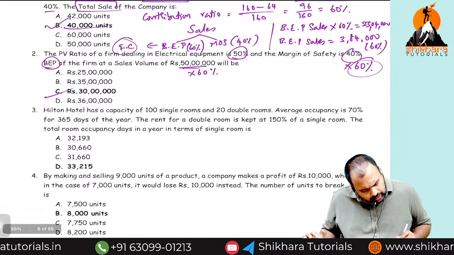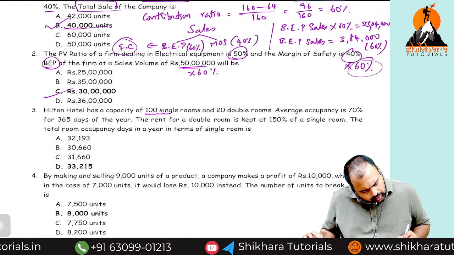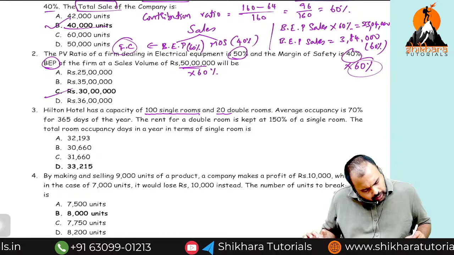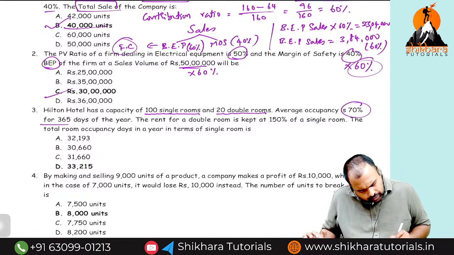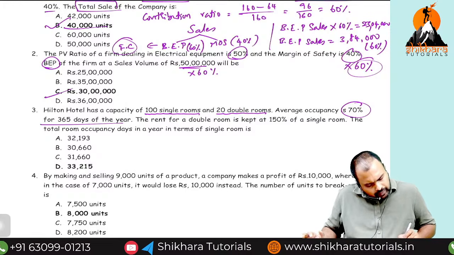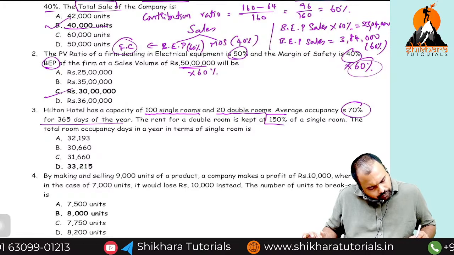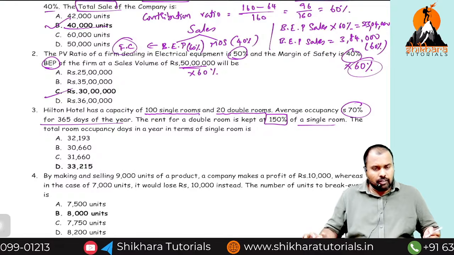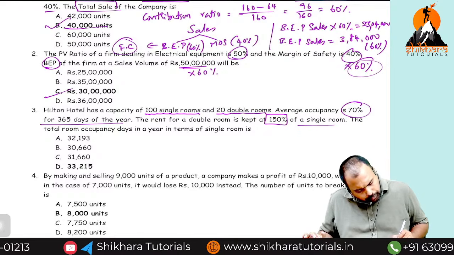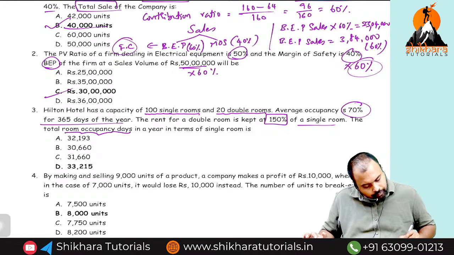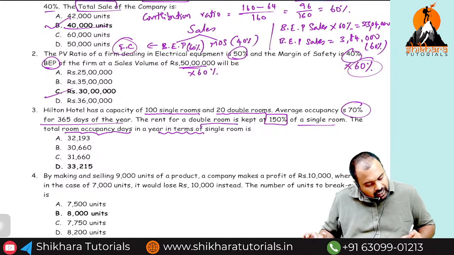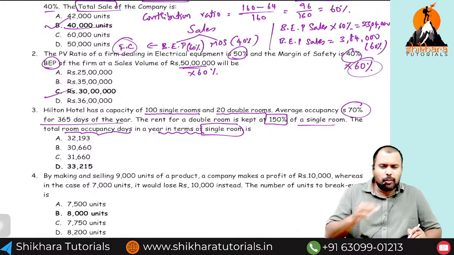Hilton Hotel has a capacity of 100 single rooms and 20 double rooms. Average occupancy is 70% for 365 days a year. Okay. The rent of a double room is 150% of a single room. Then the total room occupancy days in the year, in terms of single rooms, they are saying, sir, in terms of single rooms, how much is the occupancy?